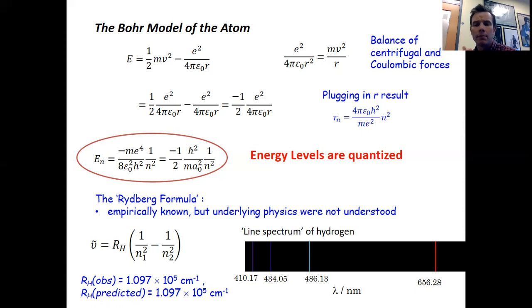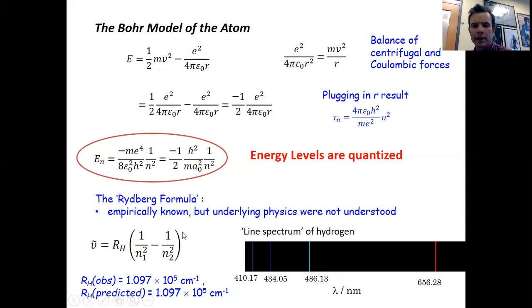They have names like the Balmer series, the Paschen series, the Lyman series, and they show up at these very specific wavelengths. Physicists empirically knew this formula, but they didn't understand where it came from, like physics that described it. And because they empirically knew it, they could run the experiments, and they knew that this Rydberg constant out front had a value of 1.097 times 10 to the 5th reciprocal centimeters.